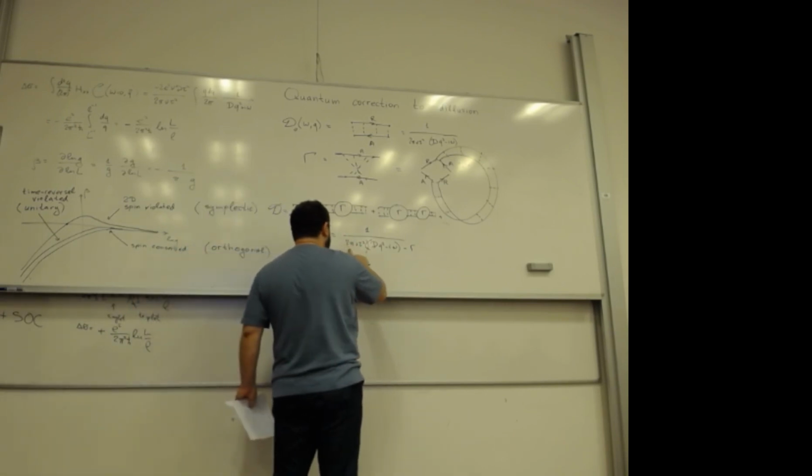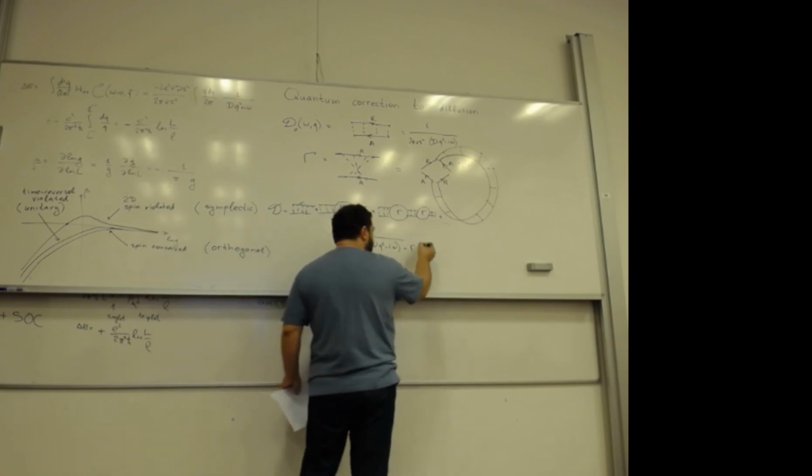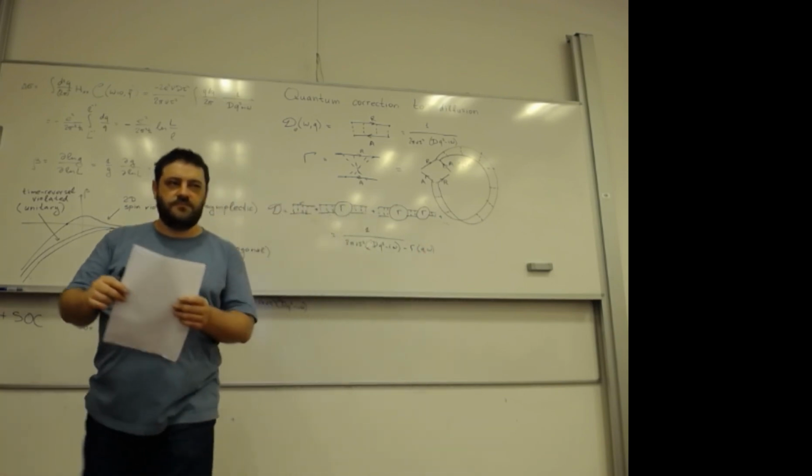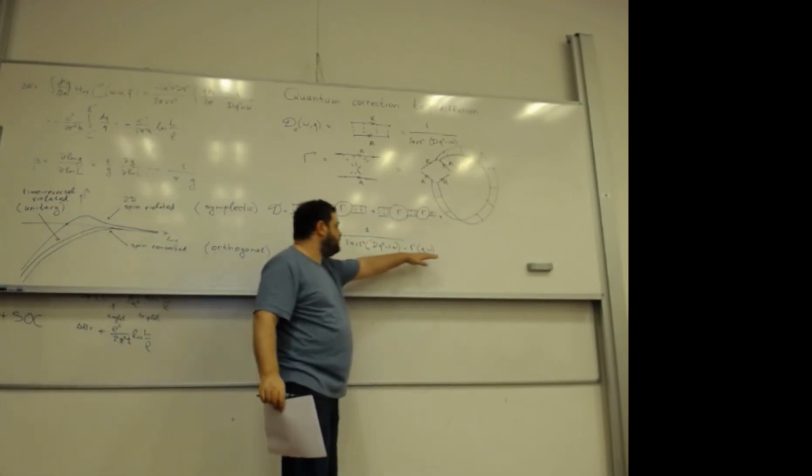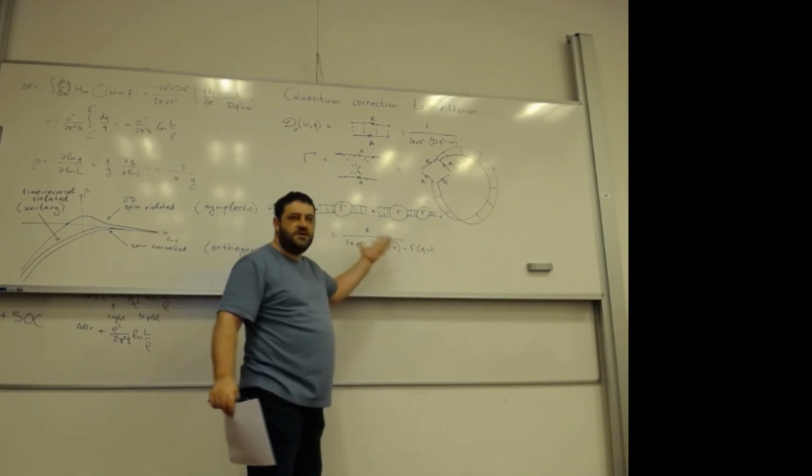And I also forgot to tell you, this gamma can in principle depend on q. So as long as we compute this gamma, we will see what changes with the diffusion.